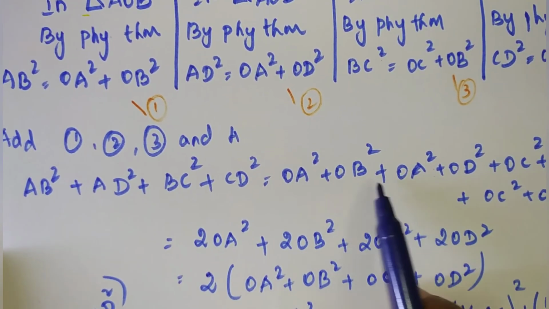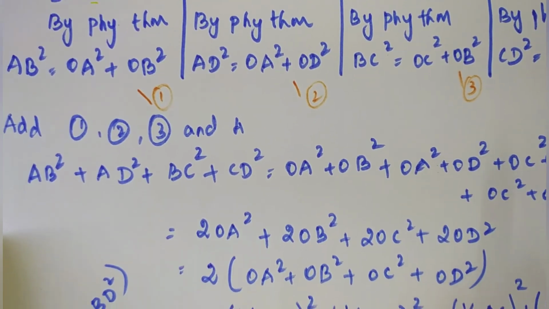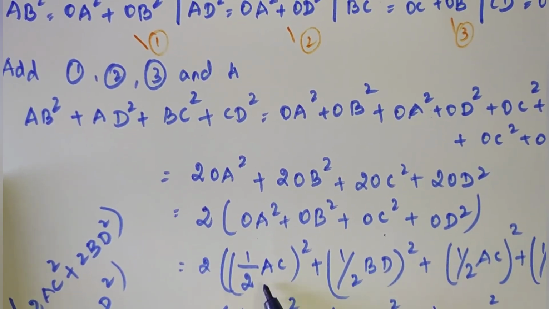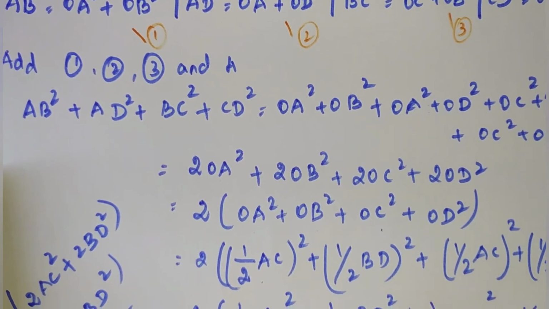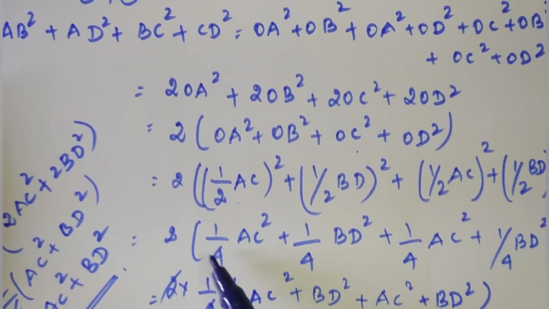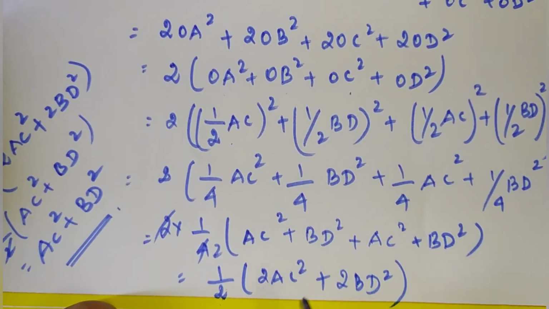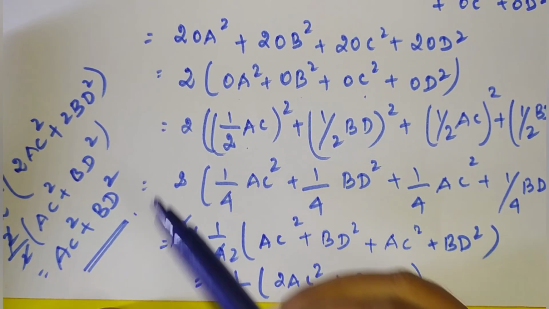We have 2 OA square, so take the 2 outside. Instead of OA and OC we substitute half of AC, and instead of OB and OD we substitute half of BD, and then square. First cancel 1 by 2. After that, take the 2 outside and cancel it, and we will get AC square plus BD square.